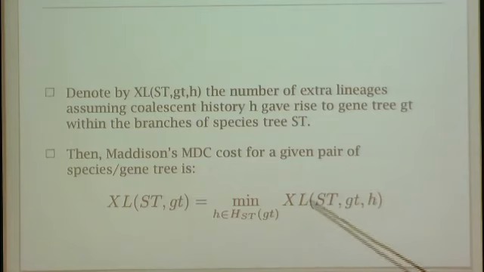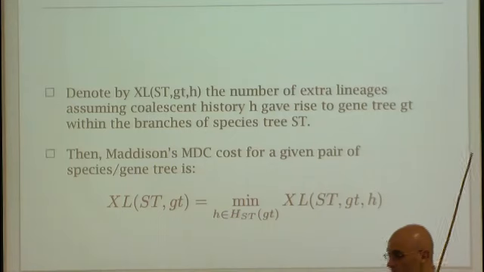So you can go through every coalescent history, count the number of extra lineages for that coalescent history, and you take the minimum. Okay? The probabilistic setting said go over each one of them, compute the probability, and then sum the probabilities. Here we need to go over each one of them, do some simple counting, and take the minimum. Okay? By the way, when you say number of extra lineages, this is summed over all of the edges in the tree. Yes.